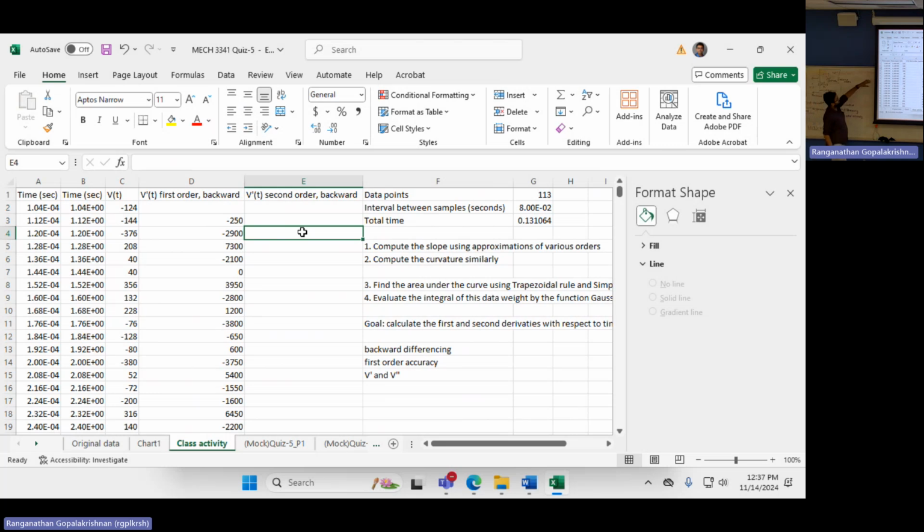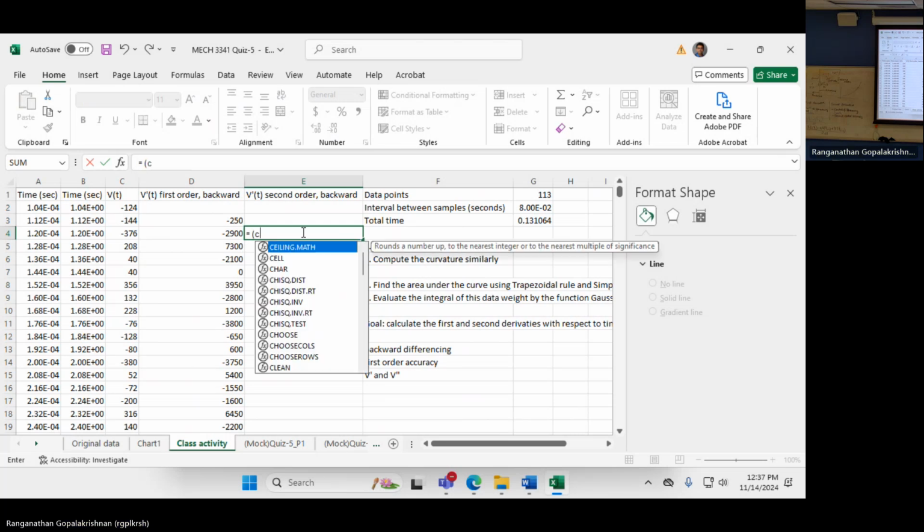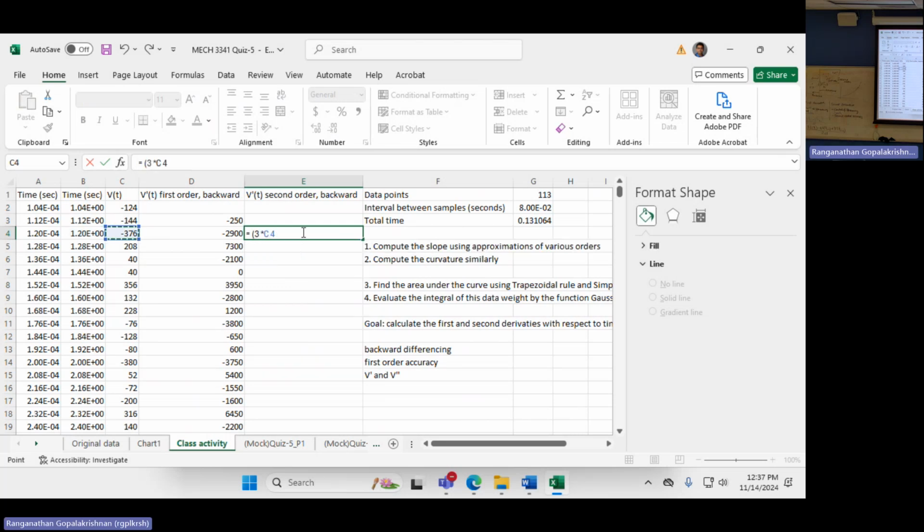You can't start your calculation at the first row, obviously. You cannot start it at the second row either. So you will start it only at the third row because you need 2 previous points, right? So in the third row, you will write equal to 3 times the function at I minus 4 times the function at I minus 1 plus the function at I minus 2, divided by 2 times the step length.